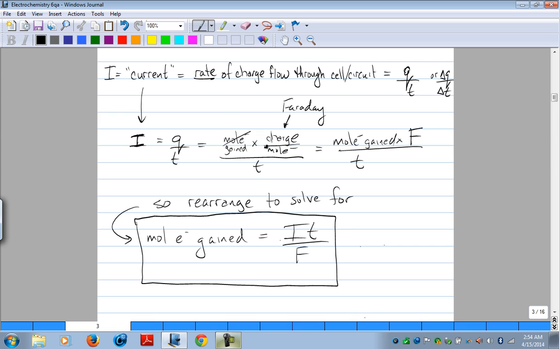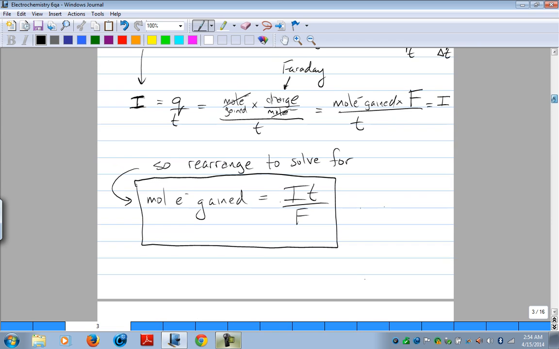That'll cancel the moles of electrons, and we divide by time. So the moles of electrons gained times the Faraday divided by time is going to be equal to the current. And that's just rearranged to get moles of electrons gained after a certain amount of time with a given amount of current.